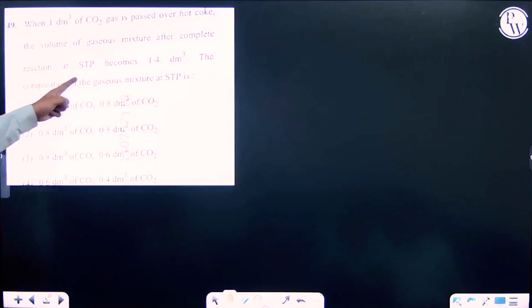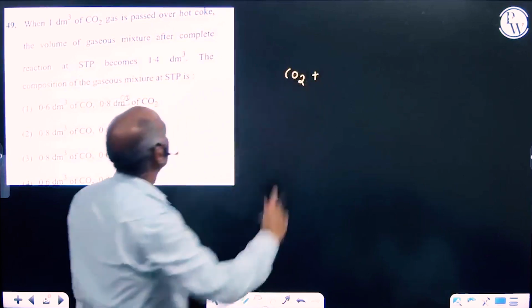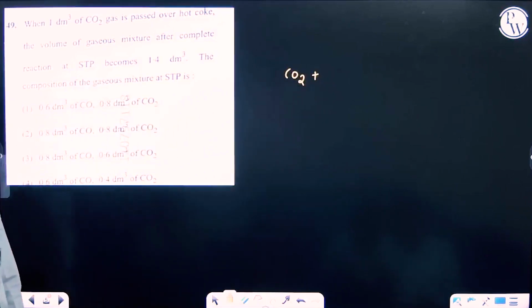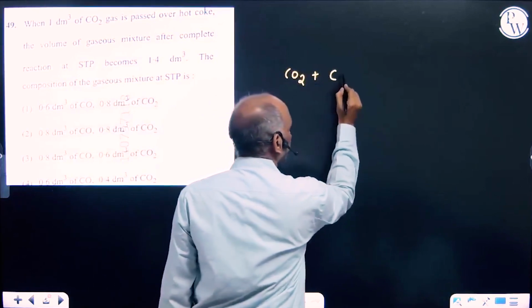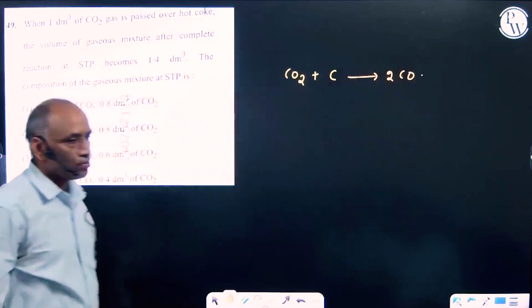When 1 decimeter cube of CO2 gas is passed over hot coke, the volume of the gaseous mixture after complete reaction at STP becomes 1.4. That means when CO2 is treated with red hot coke, it acts like a reducing agent and converts into carbon monoxide.